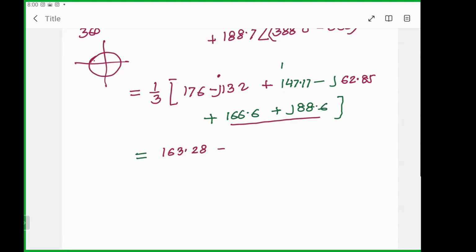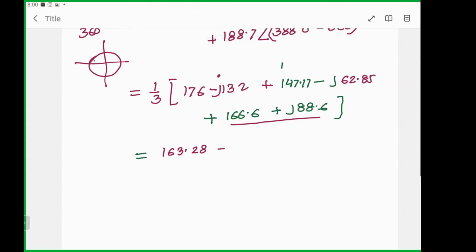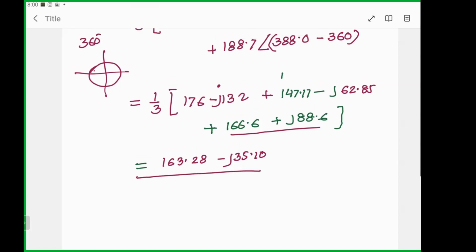I made a mistake. I got 163.24 and 35.4. You got 163, I got 162. I don't know what we're having here. Okay, so this one is correct.